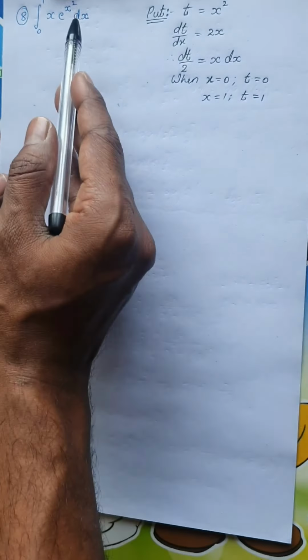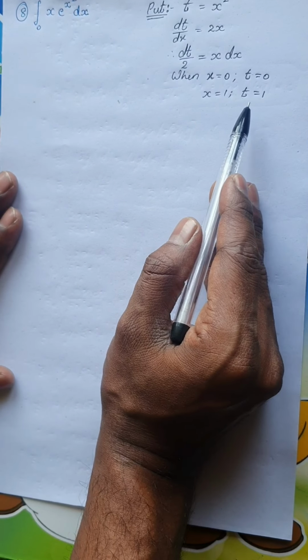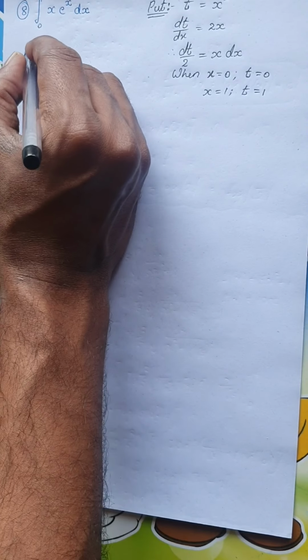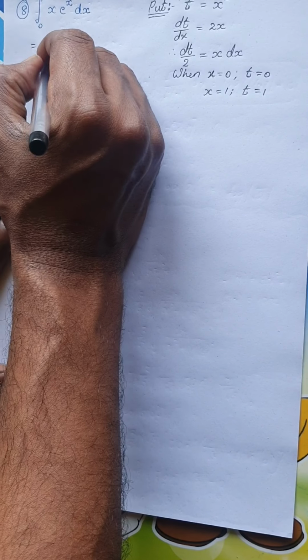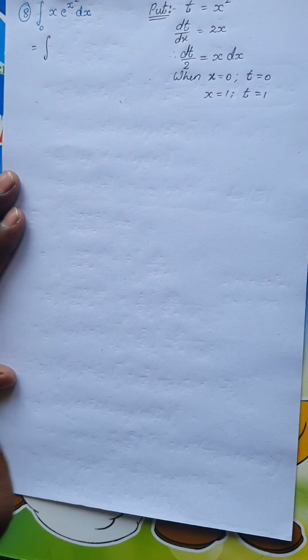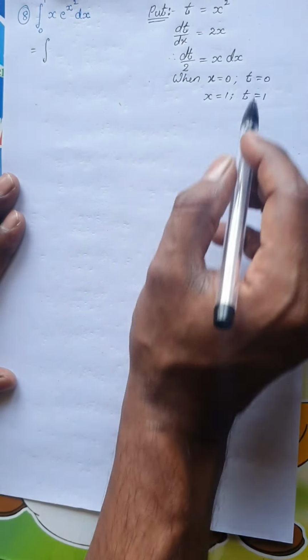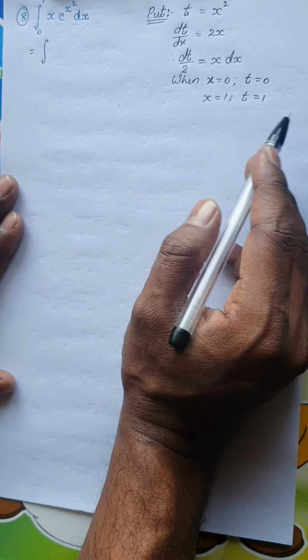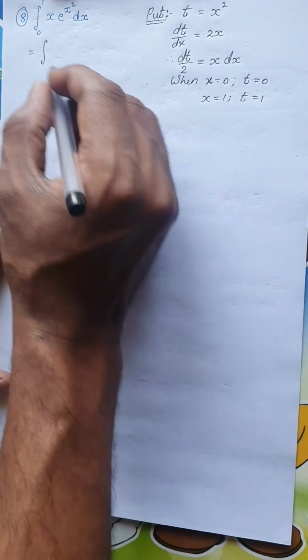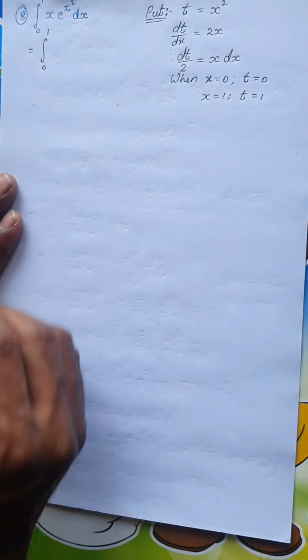Every time you need not have the same limits. For this function the limits do not change, but for other functions the limits may change. So remember, whenever you use the substitution method, you have to change the limits also. So here the limits do not change, so 0 to 1.